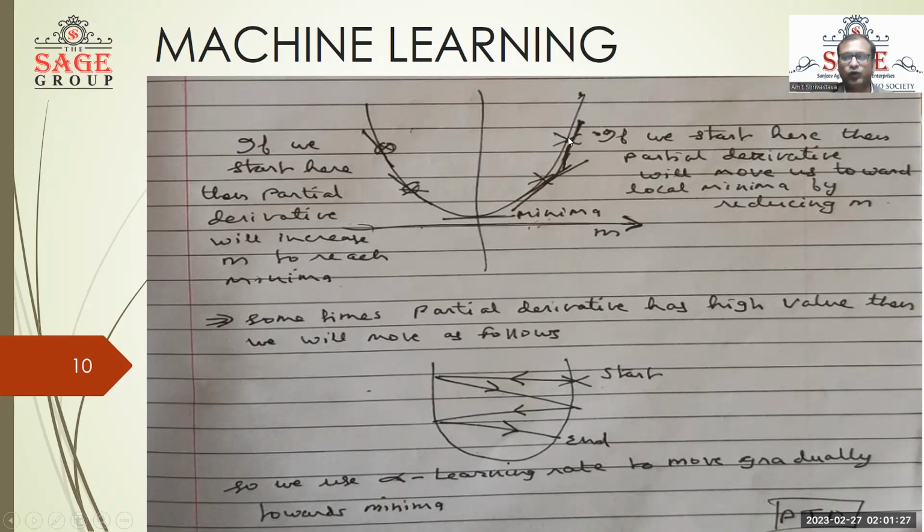So what I have to do, if I see that m is here, then I need to reduce m to reach this minima. And when I reach this minima, then my accuracy will be highest and my error will be minimum. So what happens when I take the partial derivative of error with respect to m, and m is at present here? Then it will give some positive value.